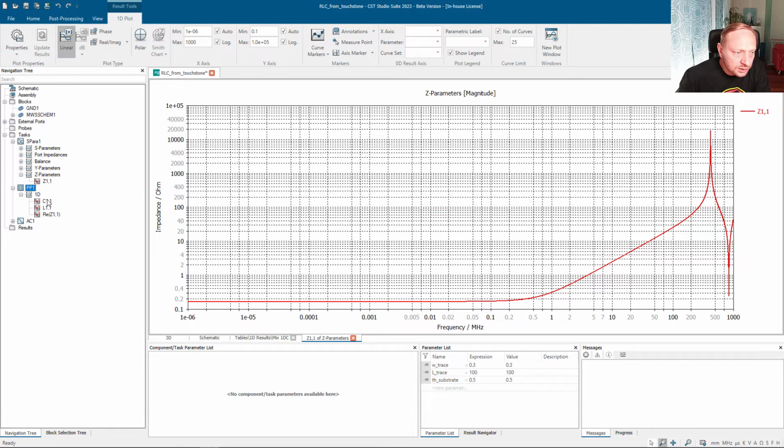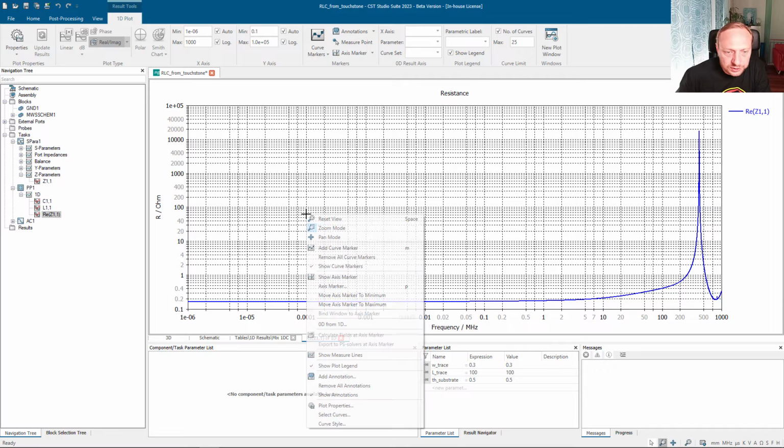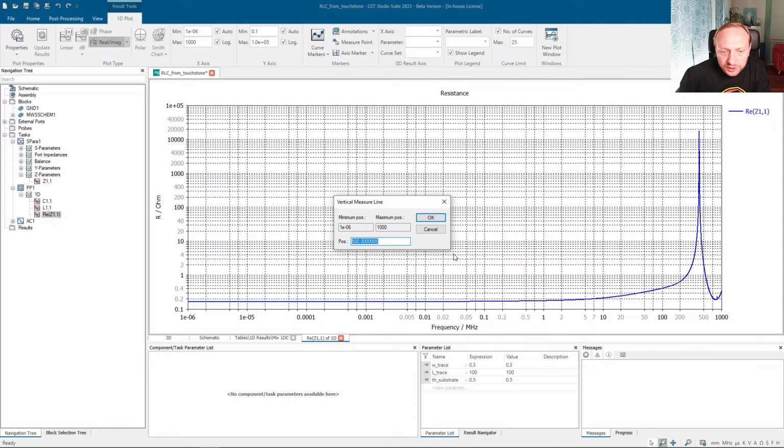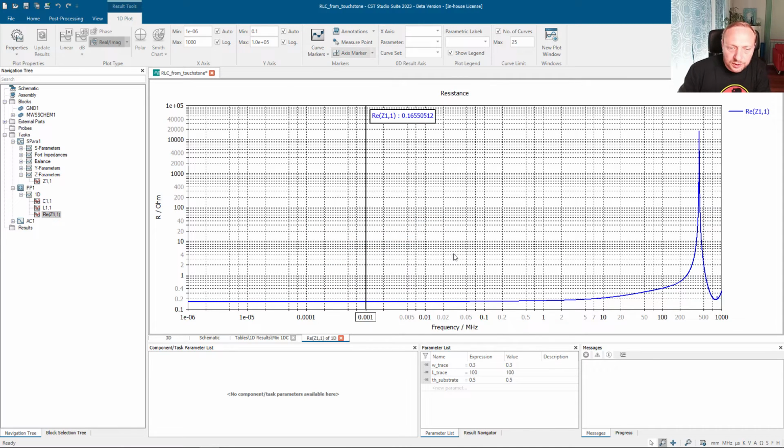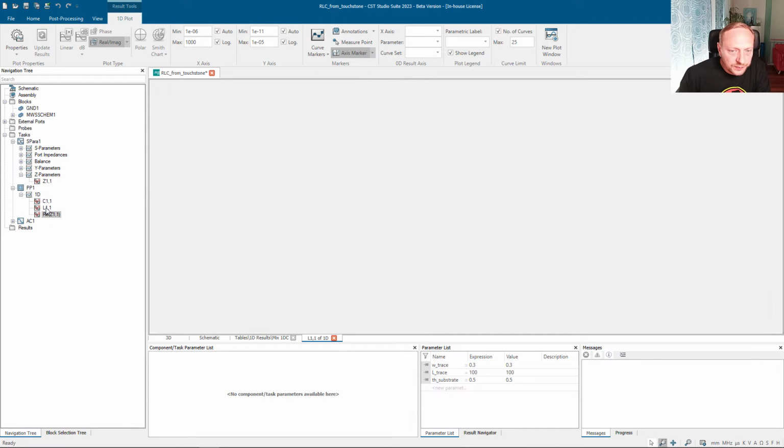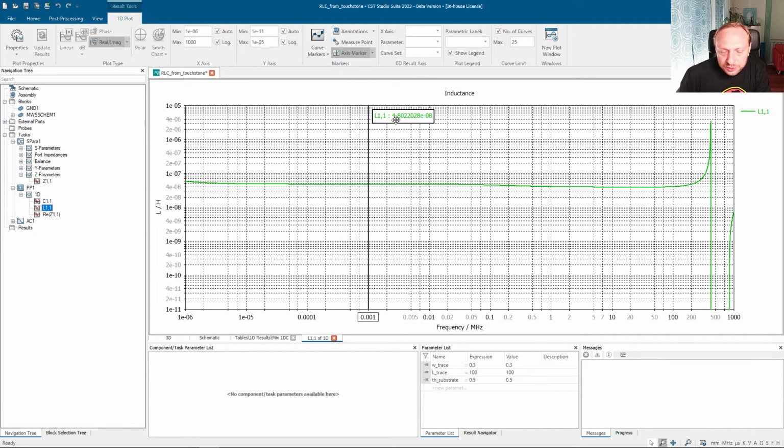And we can calculate easily the resistance. So we see for our particular setup, a DC resistance is something like 165 milliohm. And I'm getting the inductance, which is 48 nano Henry in this case for this length.